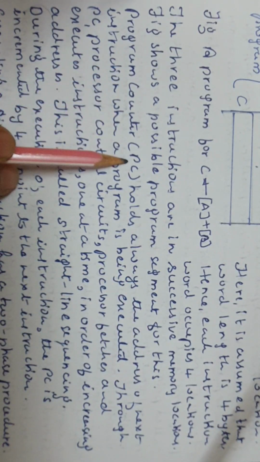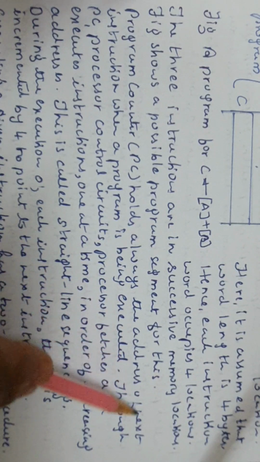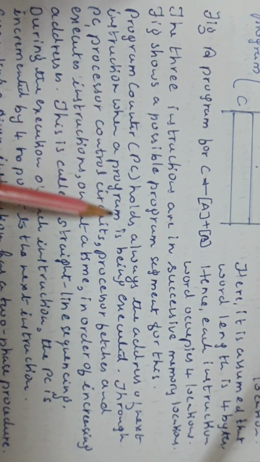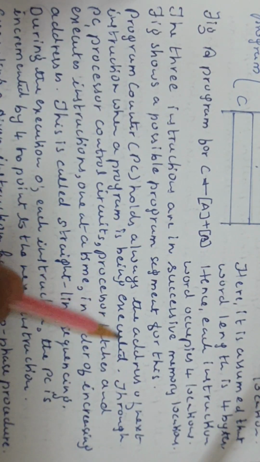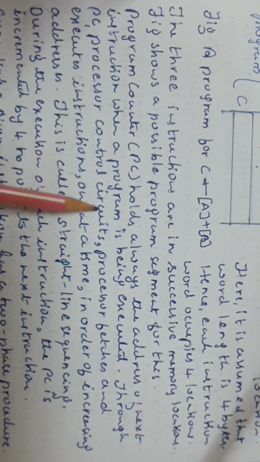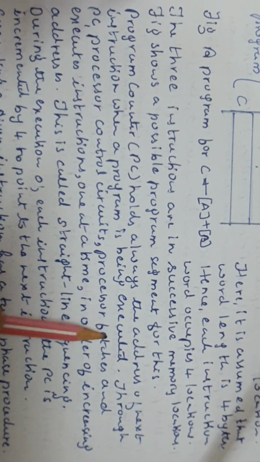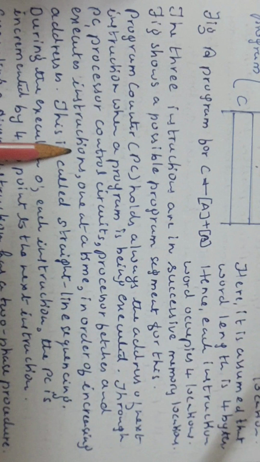The program counter PC always holds the address of the next instruction when a program is being executed. Through the PC, the processor control circuits fetch and execute instructions one at a time in order of increasing addresses. This is called straight line sequencing. Means first it will execute the instruction at memory location I, then at I plus 4, then at I plus 8.